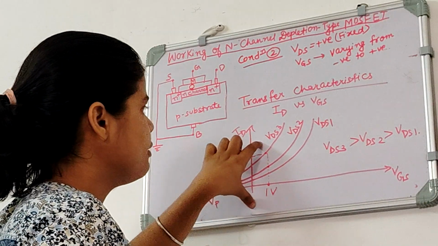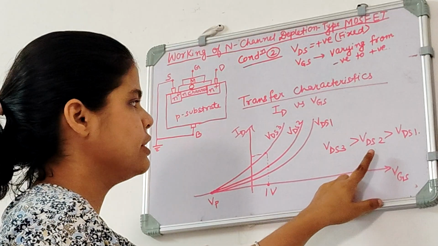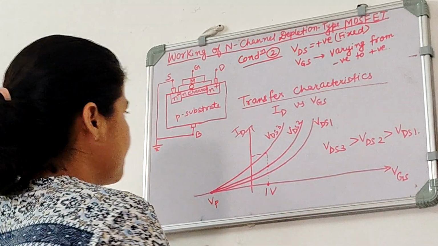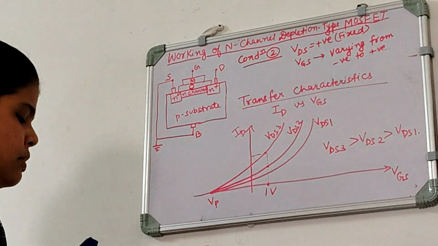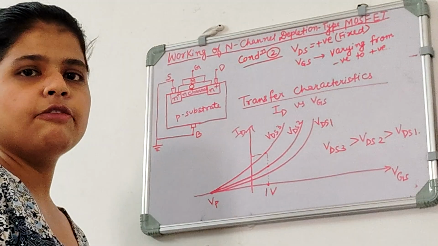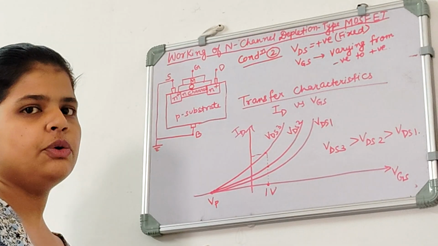So VDS3 will be the highest, VDS2 will be less than VDS3, and VDS1 will be the lowest. So this is our transfer characteristic for ID versus VGS, and this is it for today, and we will discuss the P-channel depletion type MOSFET in the next video. Thank you.